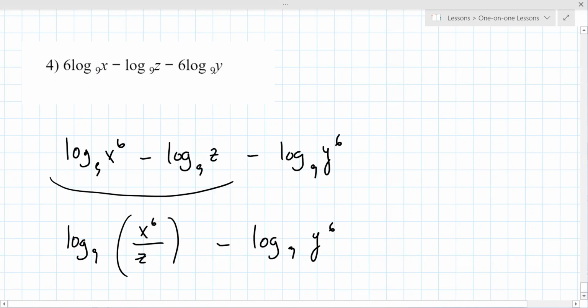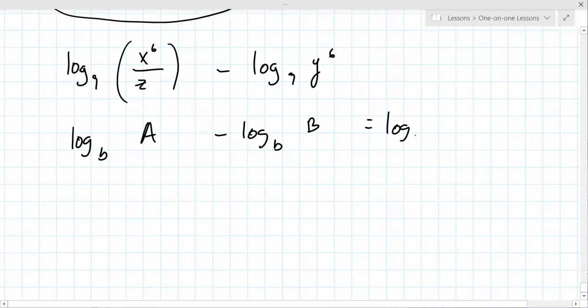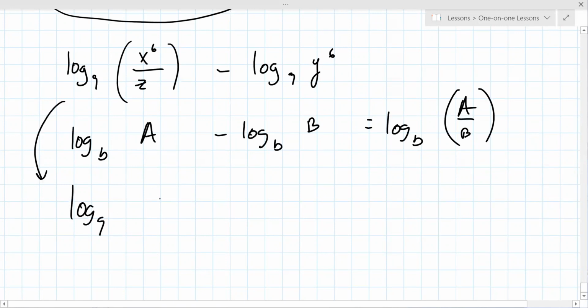Okay. Now this over here just means you're dividing. So like if you're using this property, log base b of a minus log base b of b becomes log base b of a over b, you're going to write this in the numerator, the x to the sixth over z. And then in your denominator is this other one, this y to the sixth.